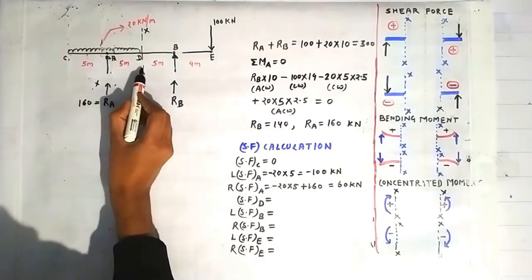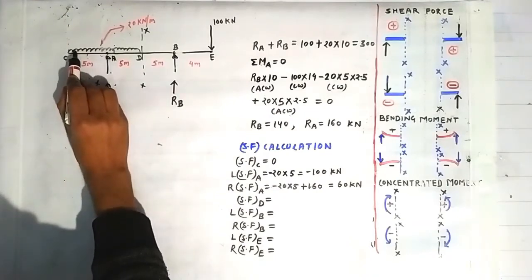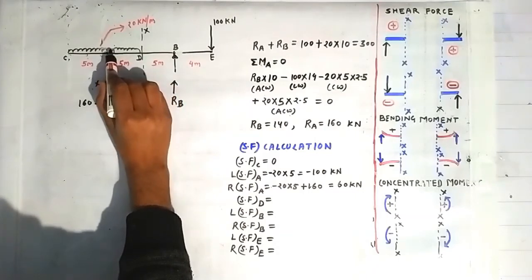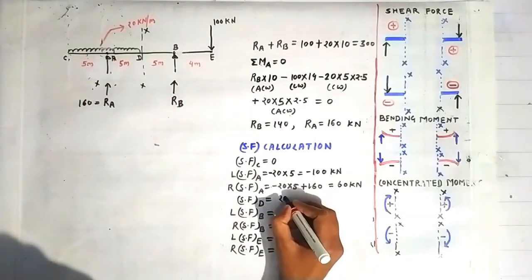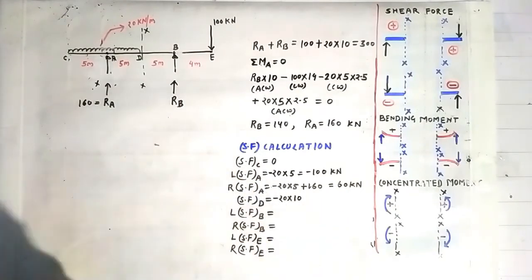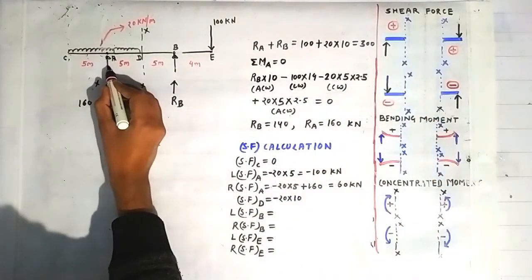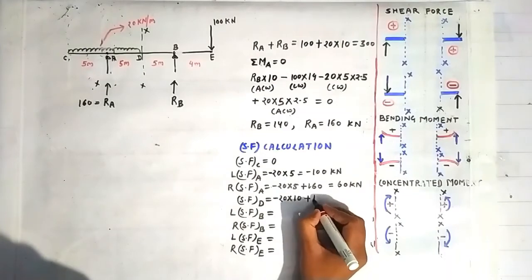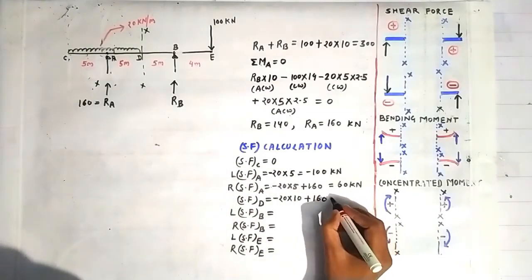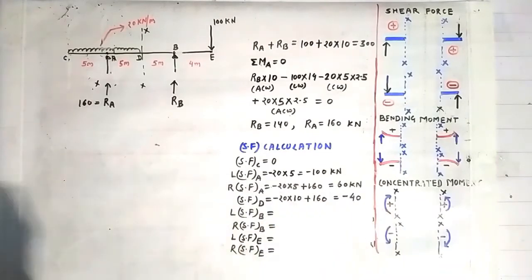Now looking on the left side of this section, you can see that because this UDL is lying completely on the left side of this section XX, so because of this UDL there will be a shear force of 20 into the length of this UDL, that is 5 plus 5 is 10, and it will create a negative shear force over this section XX using this sign convention, and this reaction RA will contribute toward a positive shear force of magnitude 160 kilonewton, and this will give us shear force at the point D as minus 40 kilonewton.